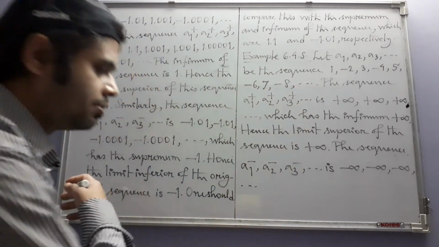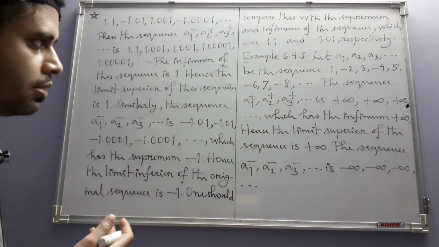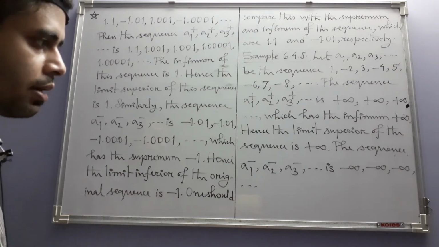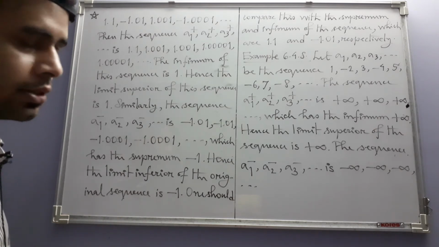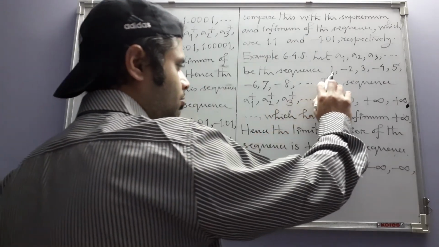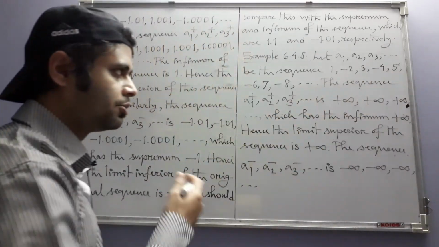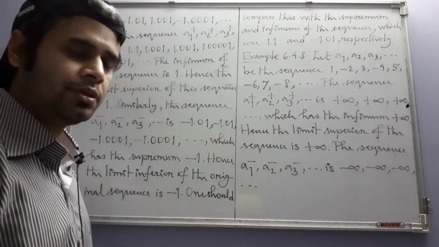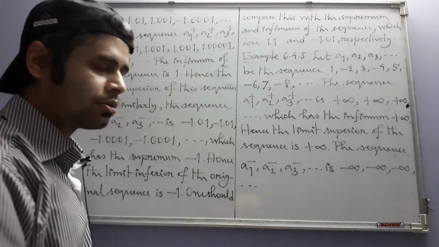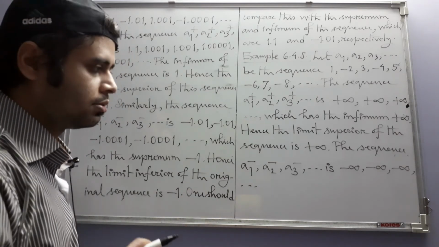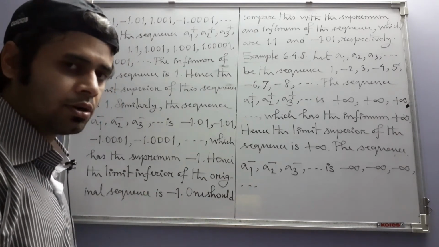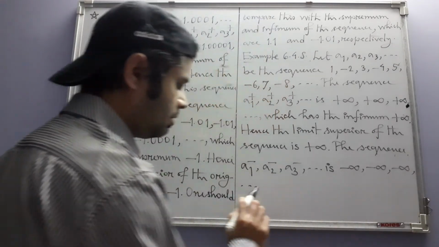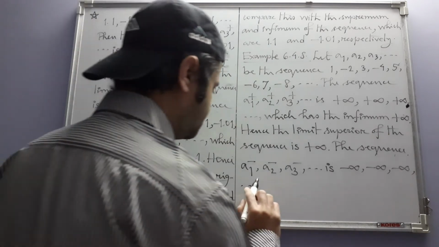They are not bounded below. So that's why the original sequence has infimum minus infinity. And no matter how many terms we remove from the original sequence, we will always have negative even integers which are not bounded below. So that sequence will always have infimum minus infinity. So that's why the sequence of infima is constantly minus infinity.